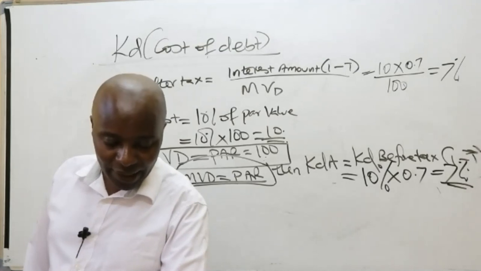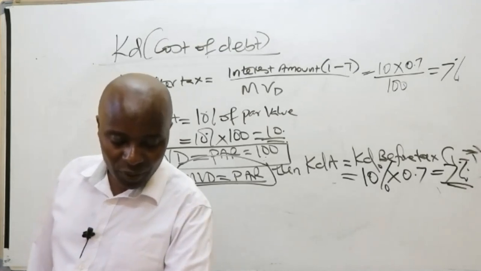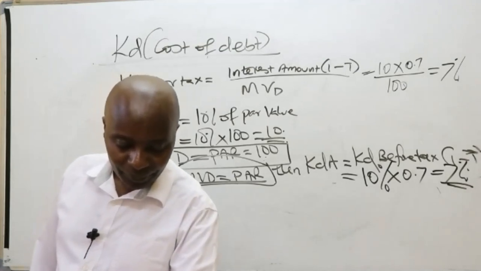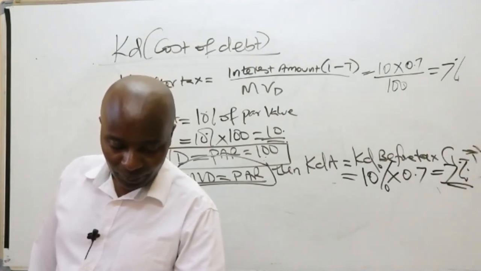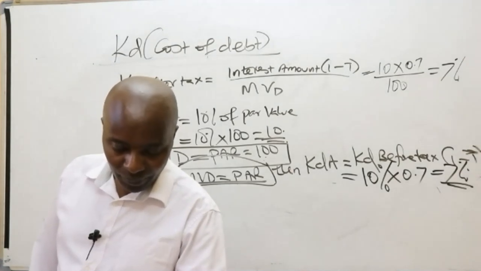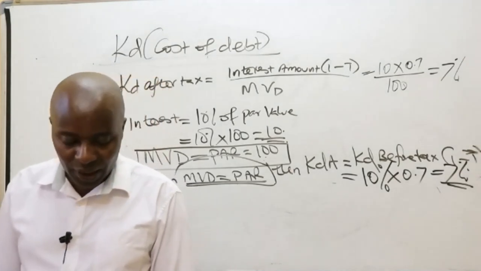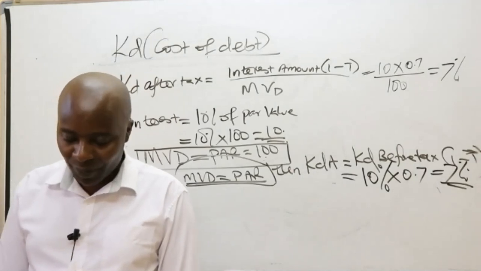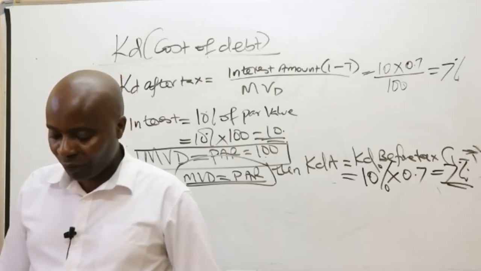I want to see the answer. I can see some students saying, like Christine, 6.4%. I like that, 6.4%. There's only one person who has gotten 6.4%.